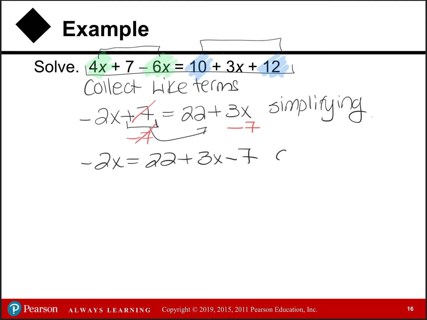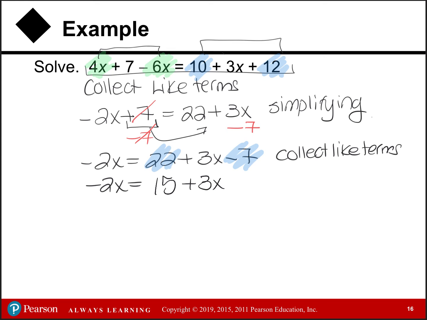Okay, and then I'm going to collect like terms again. So I'm going to get negative 2x equals, now notice I have to use my highlighter, this one and this one, right? So 22 minus 7 gives me 15 plus 3x.